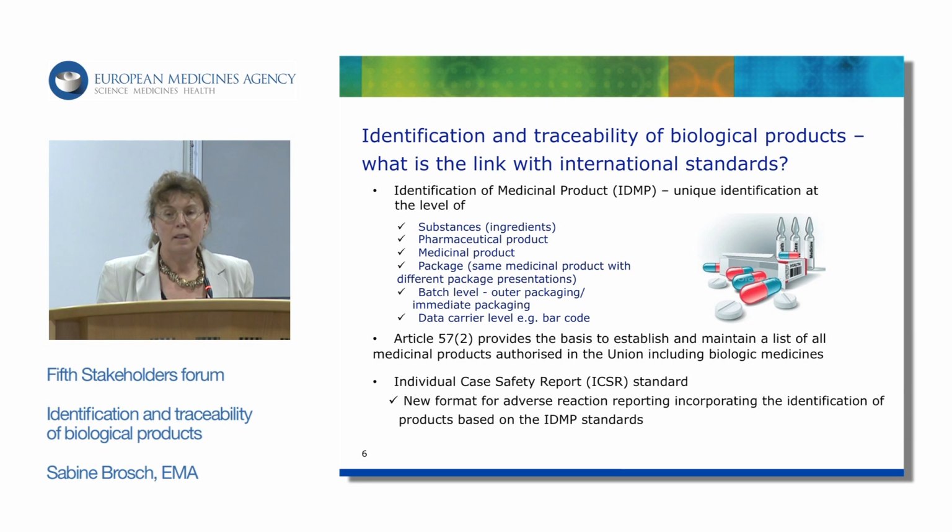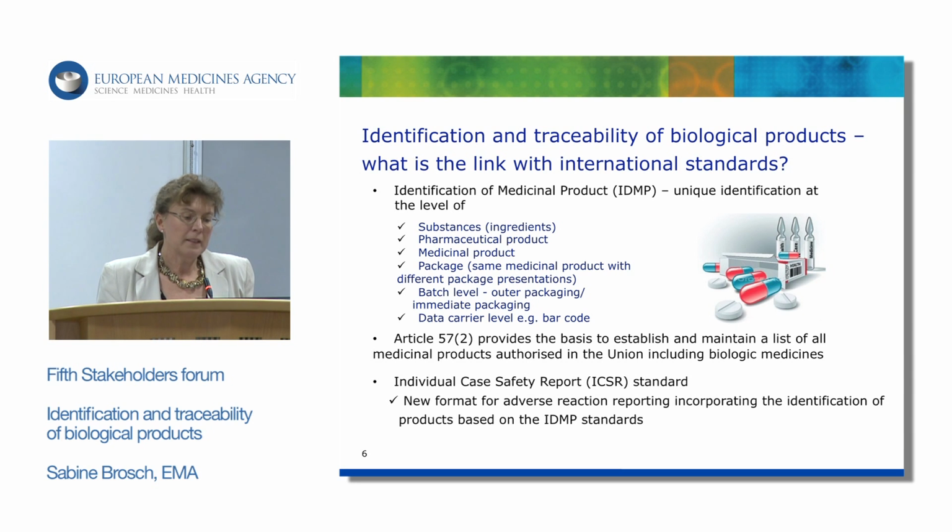So you are familiar with the concept of the API, the active pharmaceutical ingredient. So this links to this concept as well. Then we have identification at the level of the medicinal product, where we are focusing specifically on the characteristics of the product in relation to the name, but also to the marketing authorization holder, and linked to that then that the medicinal product may be presented in different pack sizes or different ways on the characteristics of the packaging.